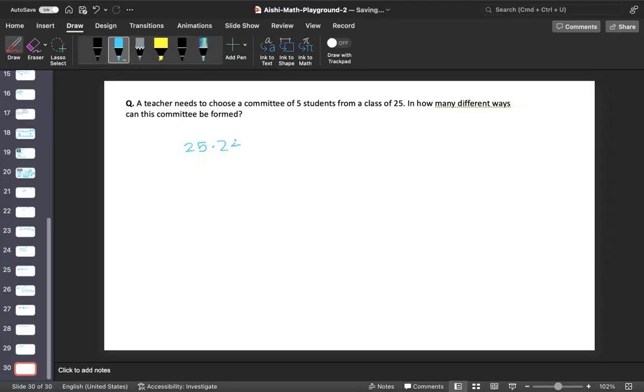one of those 25 students, we have 24 other students who can be the second person in the committee, and then we have 23 times 22 times 21. And we have to divide all of this by 5 factorial because this is a combination, and the students can arrange themselves in 5 factorial ways.